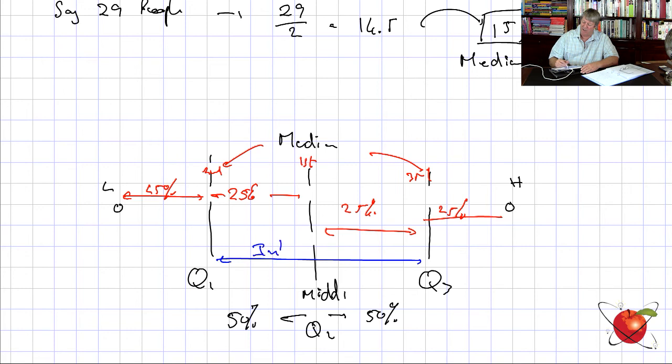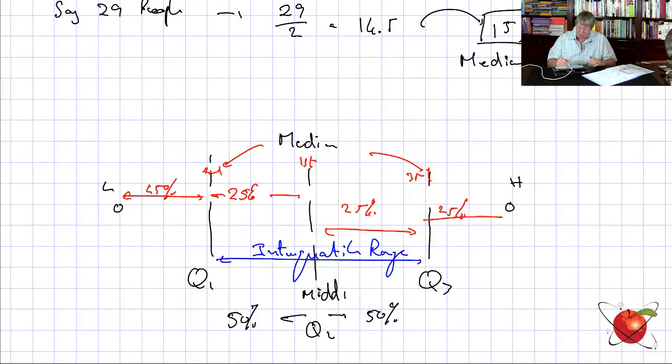This is the interquartile range, right? And what does all this mean? What do we do? Well, you take your numbers from lowest to highest. Find the median, which means count off on the sides. That gives us Q2.